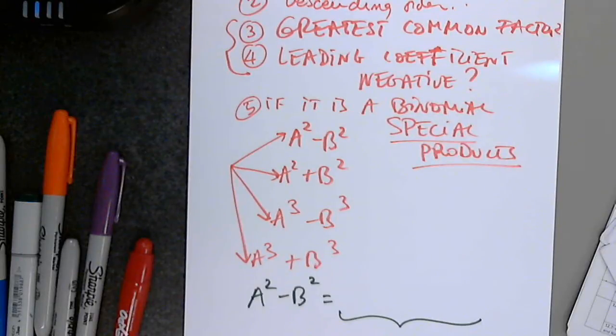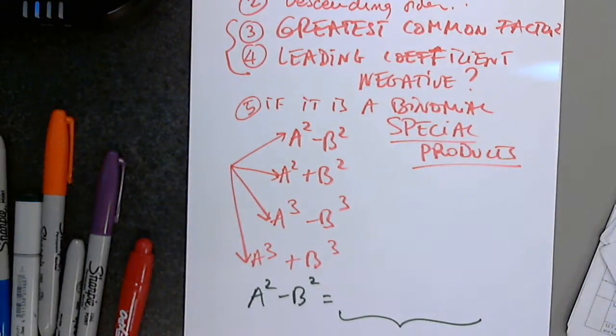The trinomial? No, not yet. We are not in trinomials. This is a binomial. Just look it up and tell me what it is. So you know where it is. I'm not trying to torture you. I just want you to remember where it is and where it's coming from.